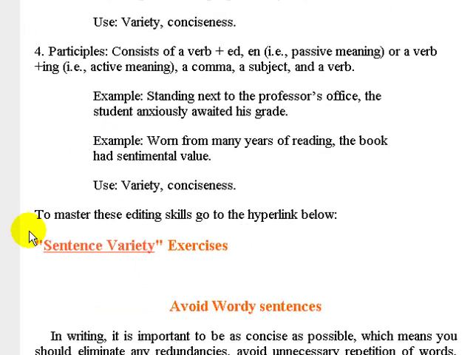Participles. This consists of a verb, a comma, and a subject and verb. For example, standing next to the professor's office, the student anxiously awaited his grade. Now, let's go to another one. Notice here, you could have said, the student standing next to the professor's office anxiously awaited his grade, which is also correct.